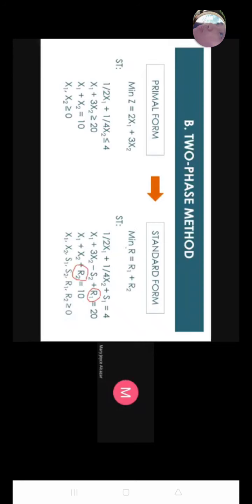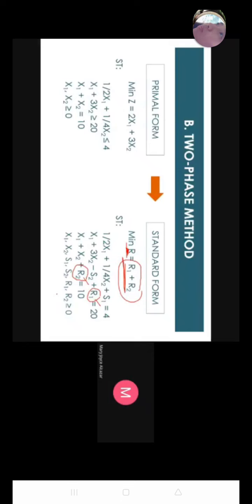So we will use R instead of Z in phase 1. This is for phase 1 only. And then the right-hand side is the summation of the artificial variables. Since we only have two artificial variables, we have two of them on the right-hand side.